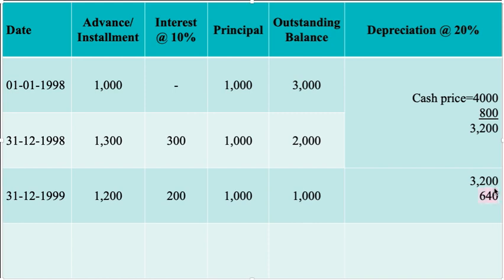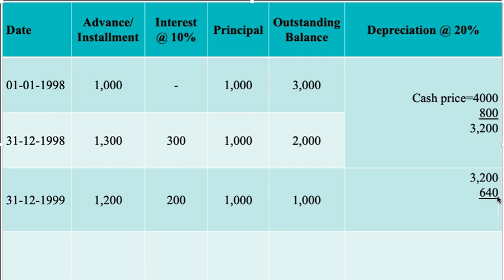Now the value of the asset at the end of the second year is 3,200 minus 640, and the value is 2,560 rupees. So this is the value of the asset at the end of the second year, right?